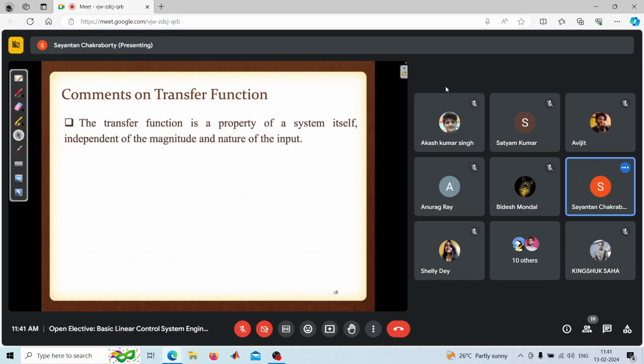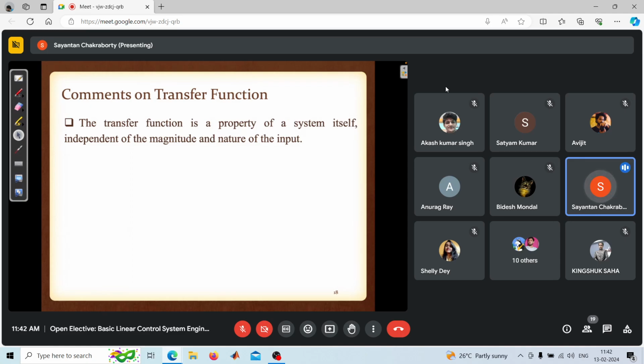Next, the transfer function, very important: it is a property of the system itself, and it is not dependent on the magnitude or the nature of the input. Whatever magnitude of input you give, whatever the nature of the input, the output will depend on the transfer function, and the transfer function is unique. It doesn't change with the nature or the amplitude of the input.